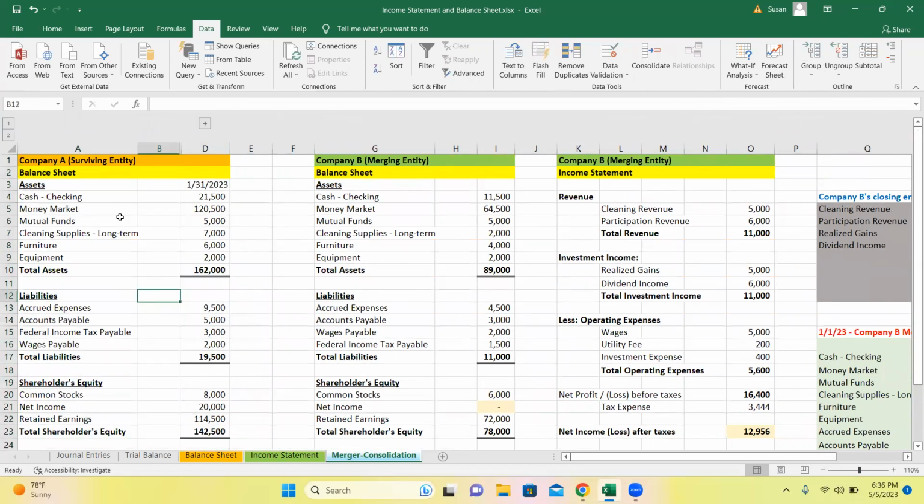And then each month, whatever happens in company A's income statement will factor in what used to be company B's balances. It will be part of the ordinary operation of company A.